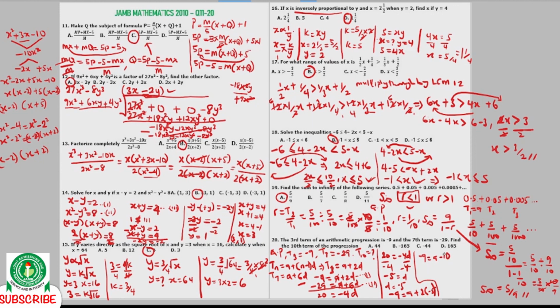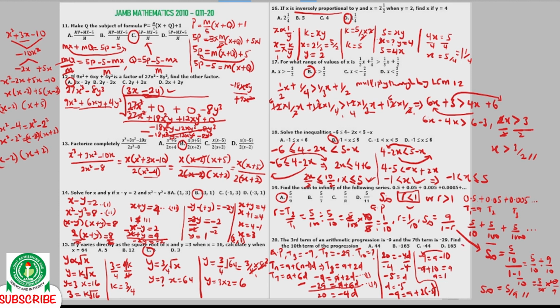When you transfer minus 10 to the other side, minus becomes plus, so it's minus 9 plus 10 equal to A. And A is equal to 1, because minus 9 plus 10 is 1.